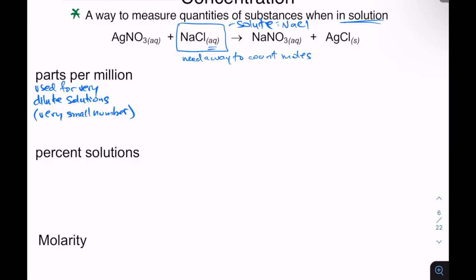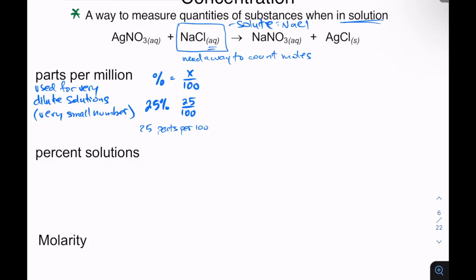So if percent, and here's the symbol for percent, okay? So we know that percent means it's some number out of 100. Okay, simple enough. And if I want to say, let's say I have 25%. If I tell you I've got 25% of something, that means I have 25 parts per 100.